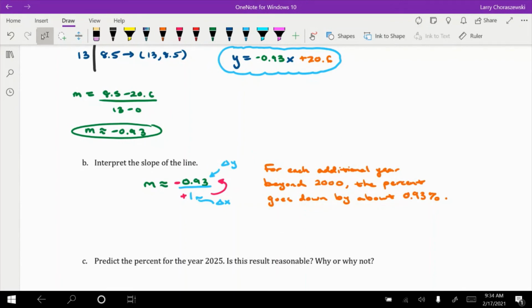Would that be a reasonable statement? Does it make sense to you? Your interpretation doesn't have to be word for word, just something to the effect, indicating the relationship between the numerator and denominator as it applies to our application setting.